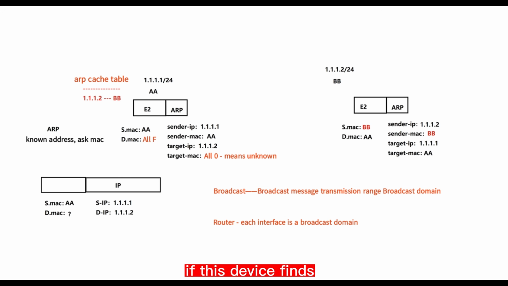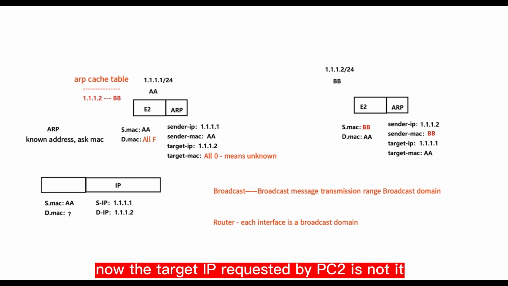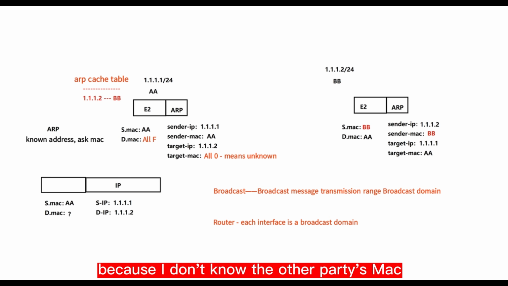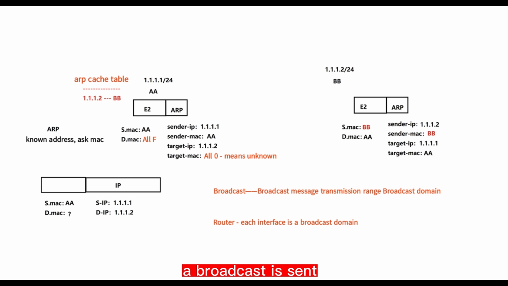If this device finds that the target IP requested by PC2 is not its own, it just doesn't want this packet. Only the device whose IP is the real target IP will reply when the data passes. Because it doesn't know the other party's MAC, a broadcast is sent when the data comes back.